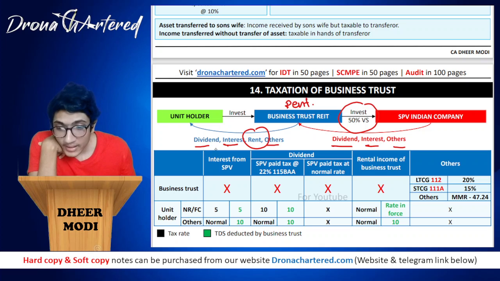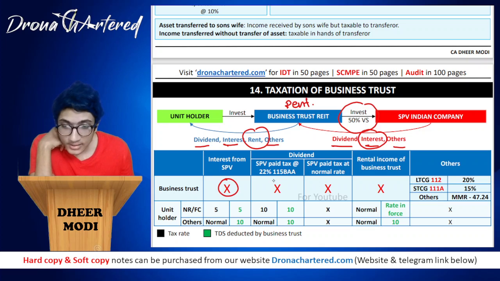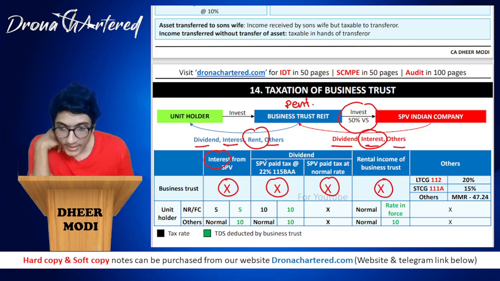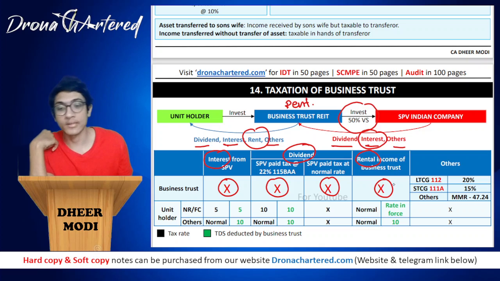Now any interest from SPV will not be taxable to business trust. Basically, nothing is taxable to business trust. Interest is not taxable, dividend is not taxable, and the rental income that it earns itself is also not taxable.